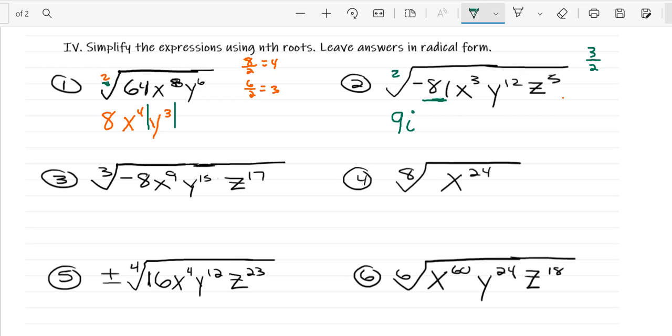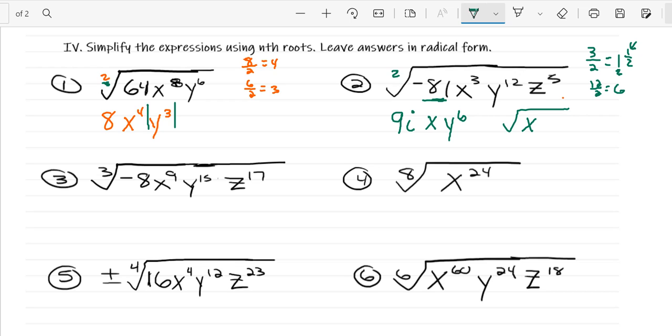In this case, what you do with that remainder, this is basically 1 and 1/2. The whole number comes out, so this will be x that comes out of the absolute value, and the leftover x, because there's 1 left over, stays underneath the radical. For the y, we're doing 12 divided by 2, that's 6, so y to the 6.